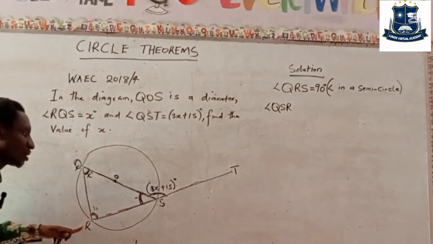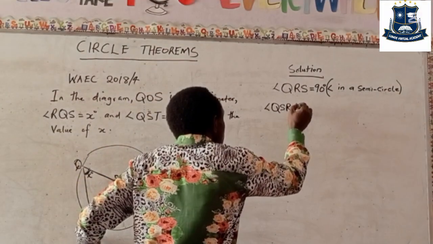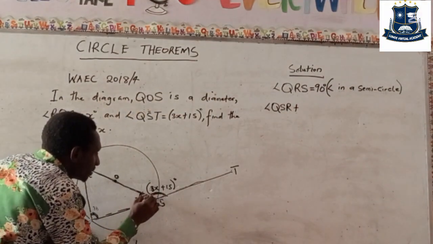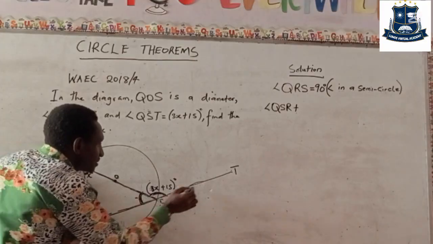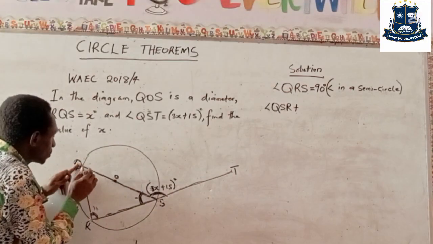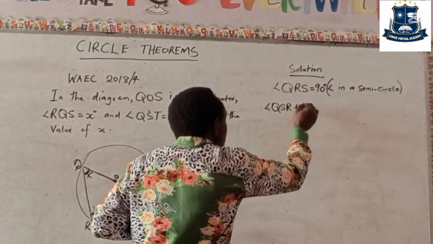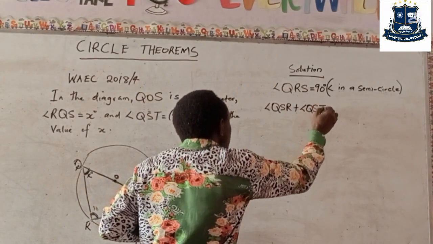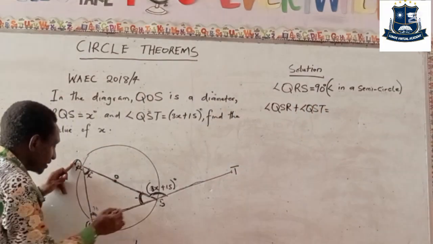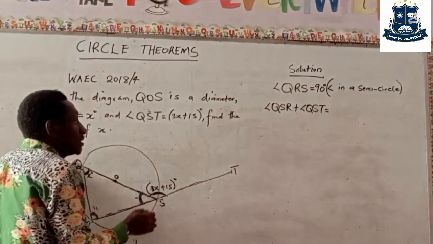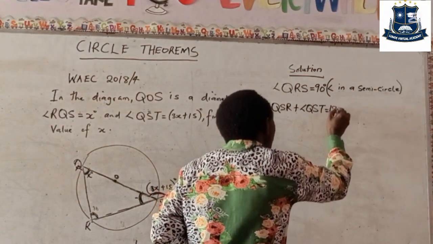Plus this angle here, how do I write this angle? QST. So QSR plus QST equals 180.